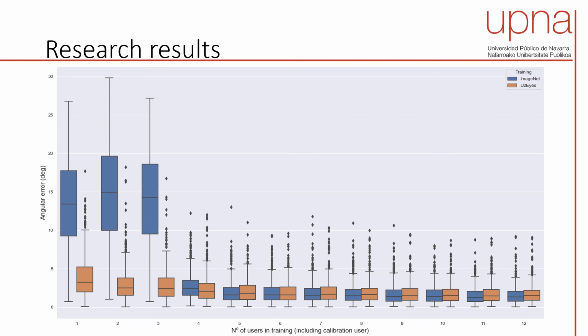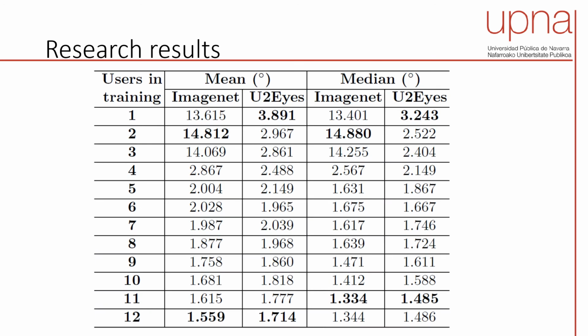It goes from 1 user, the 34 images of the test user for calibration, to 12 users, the calibration user plus the 11 additional users. The y-axis represents the angular offset in degrees between the estimated gaze direction and the subject's visual axis. This angular offset is computed by measuring the distance between the predicted point in the grid and the real one, and then using the known distance between the user and the grid to calculate the angle. A summary of the results is presented in the next table, with both the median and mean values.